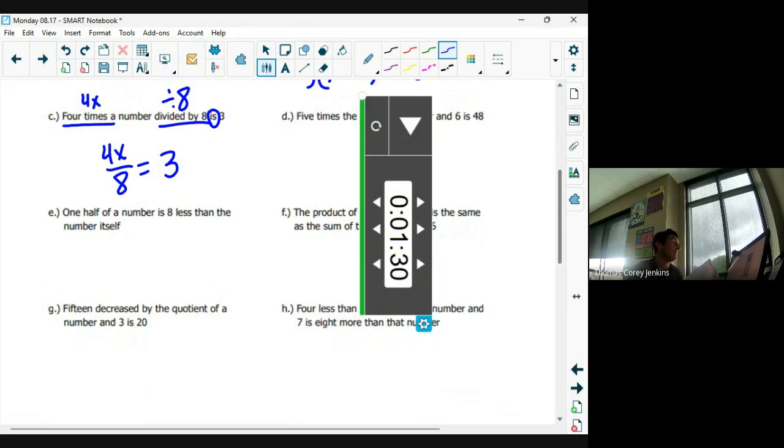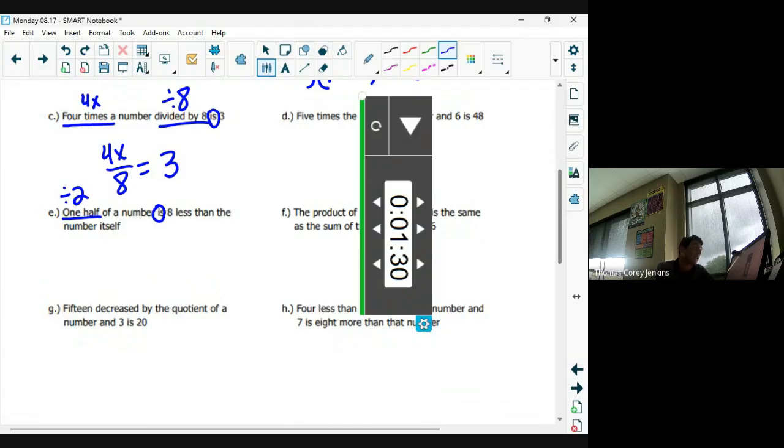E, 1/2 of a number. 1/2 of, you could think of as times 1/2 or divided by 2. I like divided by 2 there, but that's just me. So divided by 2, and then, 1/2 of a number is, there's my equal sign, 8 less than the number itself.